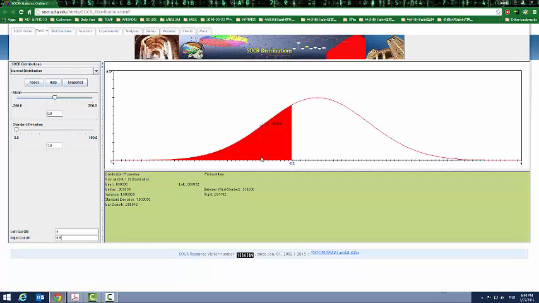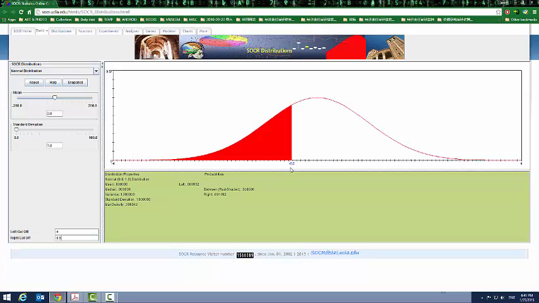The red shaded area represents all the observations in a standard normal distribution that lie below the value of minus 0.5. Now we can see there are around 31% of all observations in a standard normal distribution lie below the value of minus 0.5.